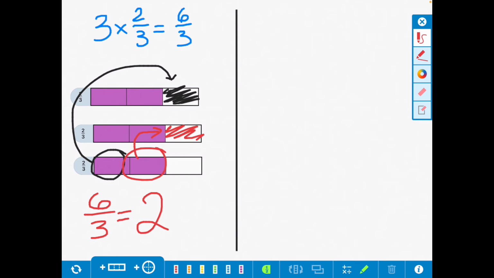So let's go back to what I was teaching the other day about simplifying before we multiply. So I'm going to write 3 times 2/3, and I'm going to rewrite that immediately as 3 wholes times 2/3. I can see that there's a numerator and a denominator, and again, most of the time it's going to be diagonal. It's going to be on top on one side and on the bottom on the other side.